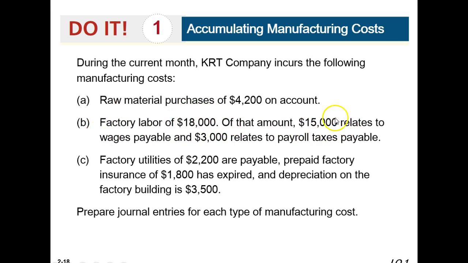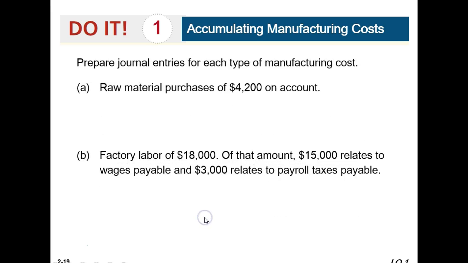Of that amount, $15,000 relates to wages payable and $3,000 relates to payroll taxes. Factory utilities of $2,200 are payable. Prepaid factory insurance of $1,800 has expired, and depreciation on the factory building is $3,500. We have to prepare journal entries for these amounts.